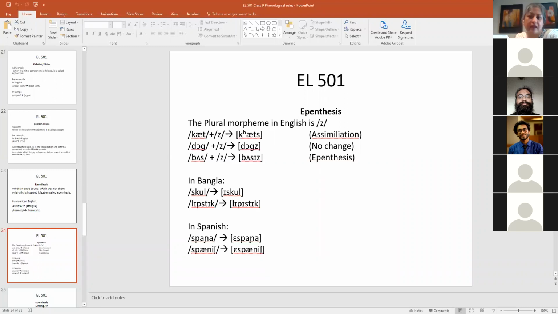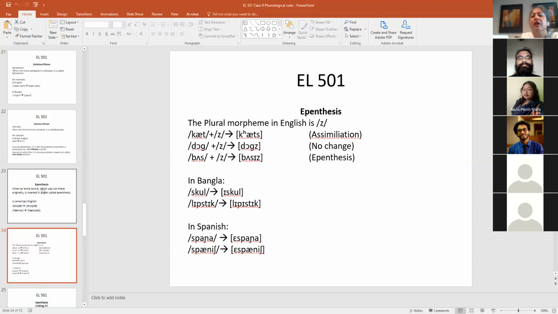And here we have progressive or regressive assimilation happening. Progressive. Partial or total? Partial. Yes, it's partial because the z sound didn't become another t sound. It just became voiceless, the s. So it's a partial assimilation.